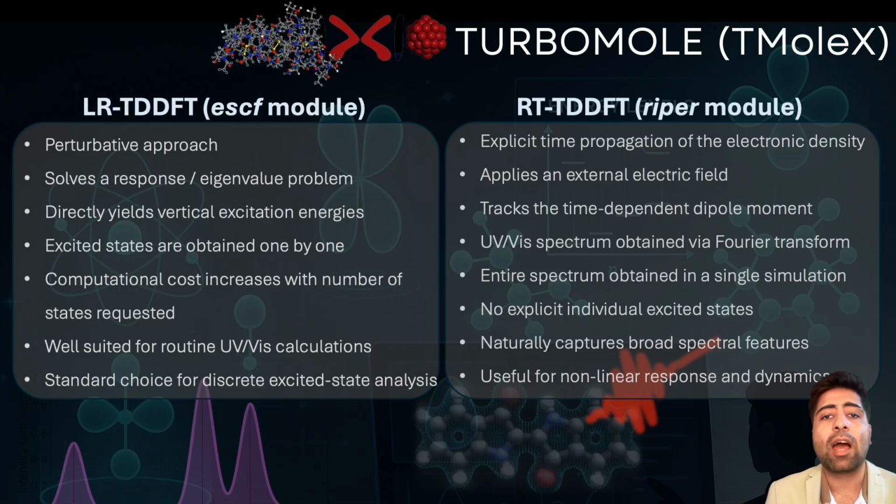In contrast, RT-TDDFT works by explicitly propagating the electron density in time under the influence of a small external electric field. From the time-dependent dipole moment, we then obtain the absorption spectrum through a Fourier transform. RT-TDDFT therefore gives the entire spectrum in one go rather than individual excited states.